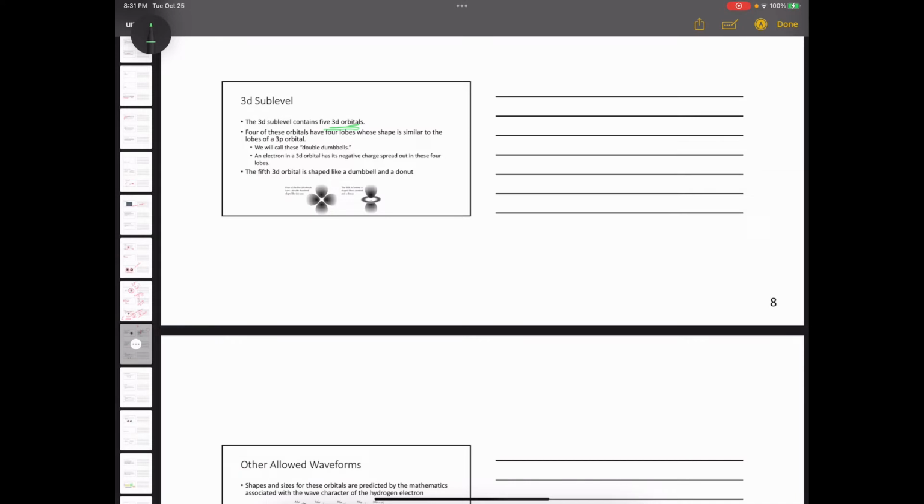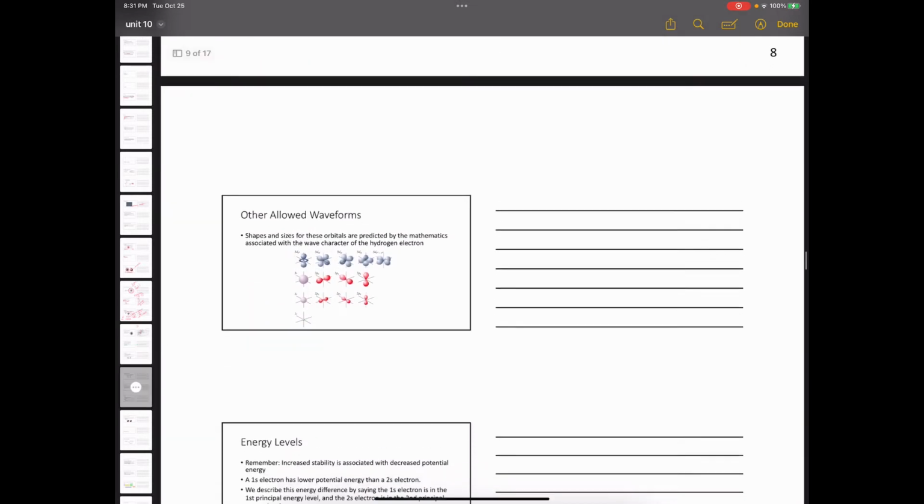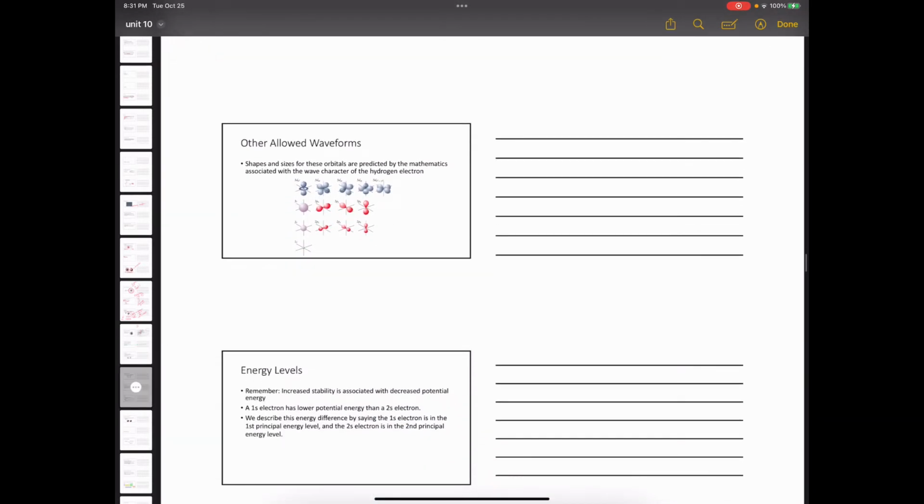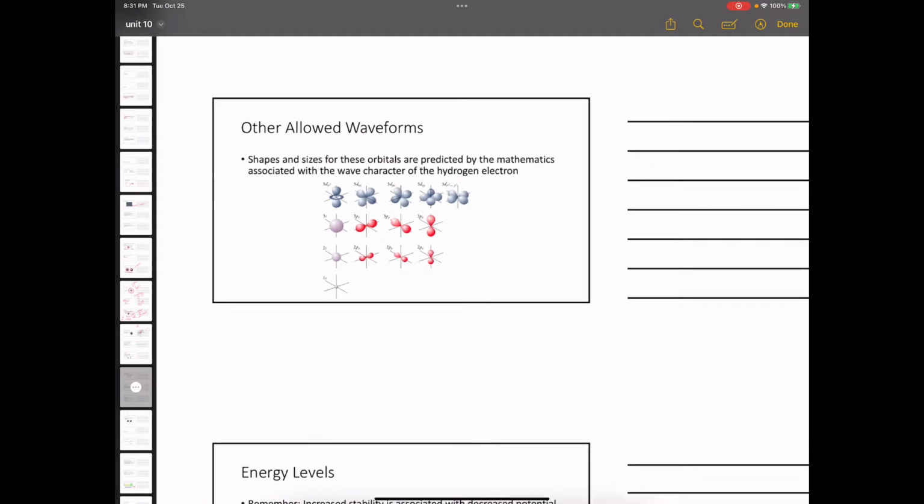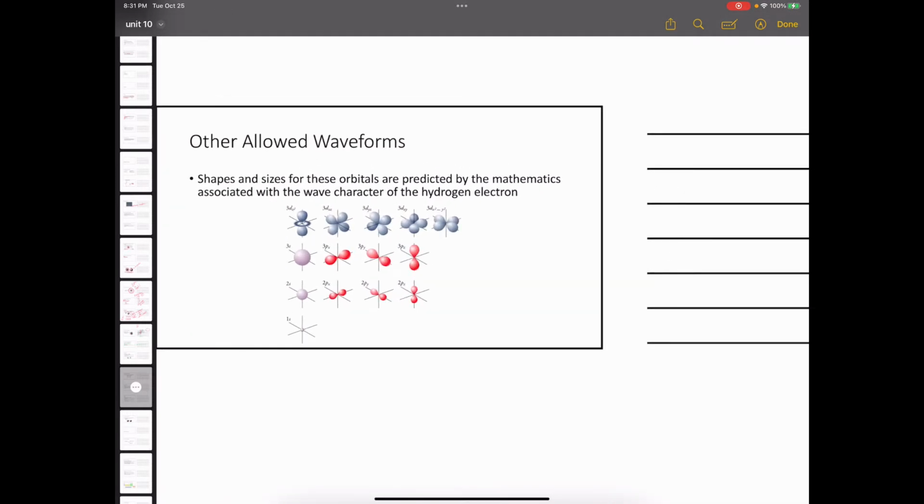The 5th 3d orbital is shaped like a dumbbell around a donut, which is this one right here. This is how the shape of these orbitals is normally drawn. And again, most of these drawings have been discovered through mathematical calculation.